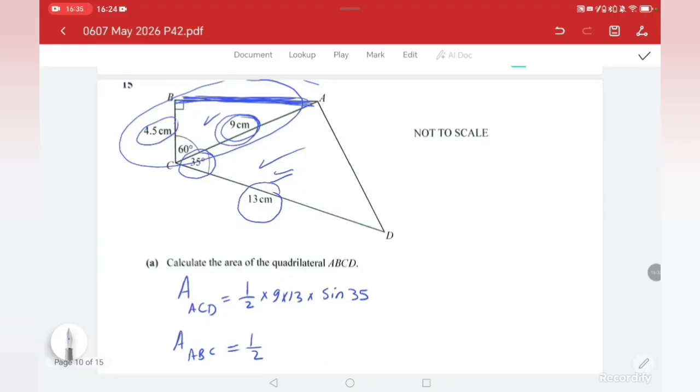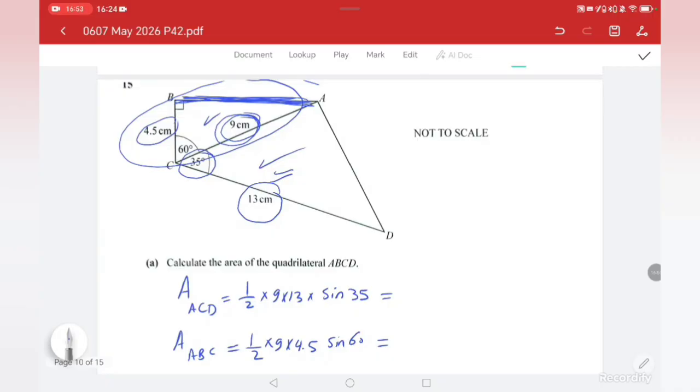So 1/2, you multiply two sides, so I can multiply 9 times 4.5, sine the angle between them, which is 60.